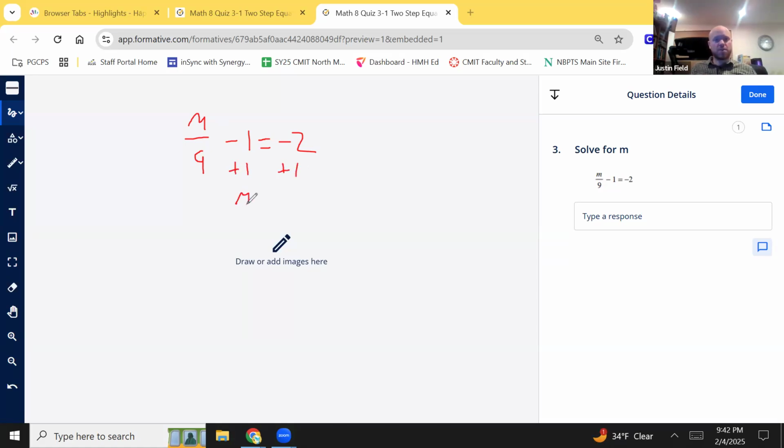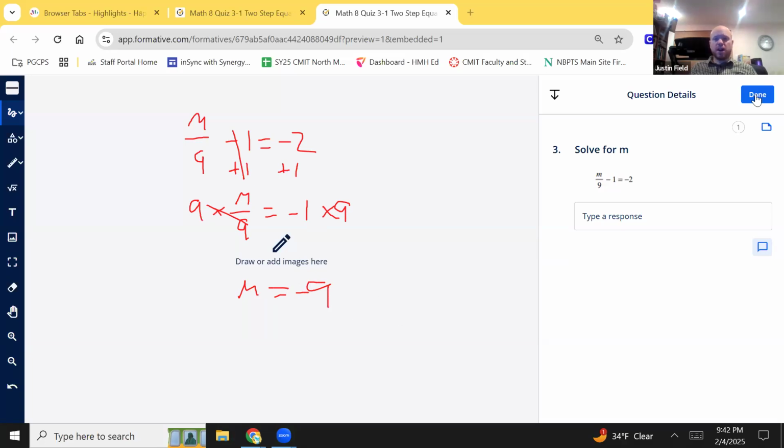Then we'll multiply by 9. So now the ones cancel, and we just have our m over 9, and then this is -1. Like I said, now we'll multiply by 9, and it cancels. m equals -9.